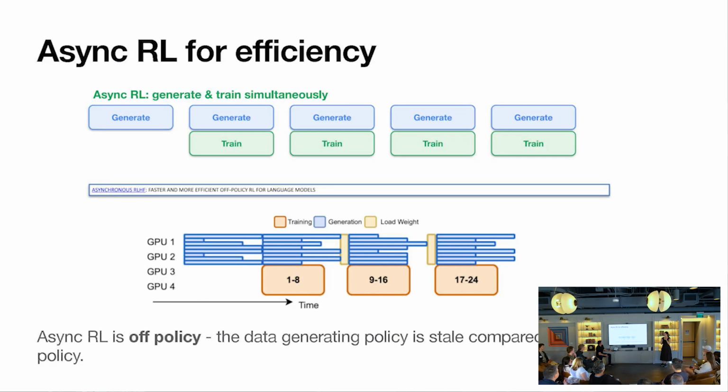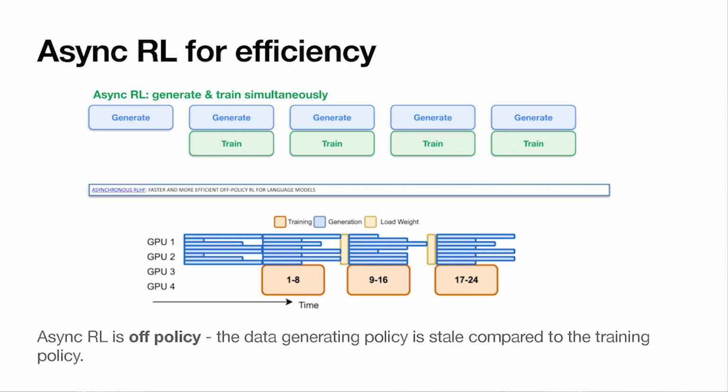One way is to do async RL. We basically overlap generate and training. So we run a step of generate, we get a bunch of samples. We use those samples to do training, but at the same time, we run generate. So we're always running generation and training at the same time. We're overlapping the two.